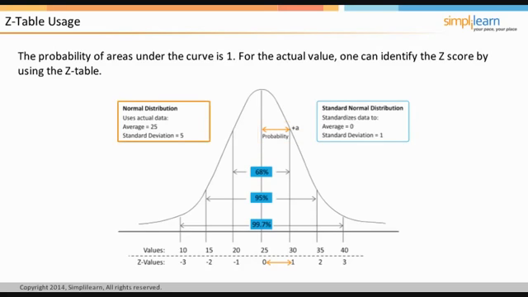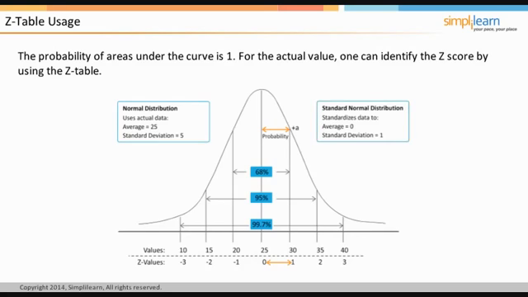Using the actual data, when you calculate mean and standard deviation, and the values are 25 and 5 respectively, it is the normal distribution. If the same data is standardized to a mean value of 0 and standard deviation value of 1, it is the standard normal distribution.